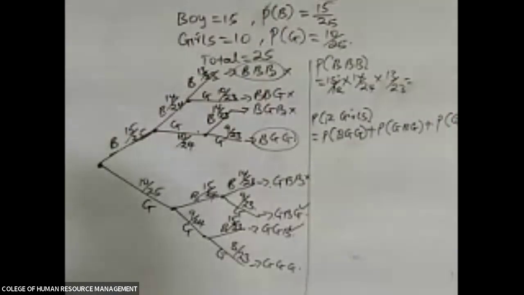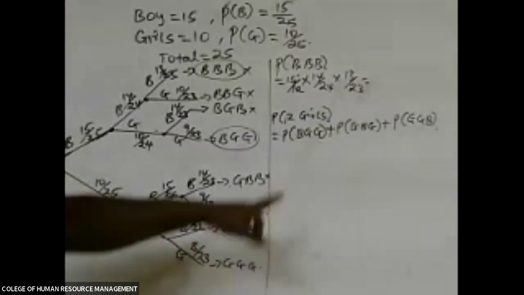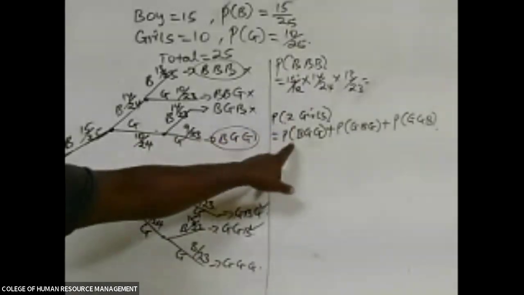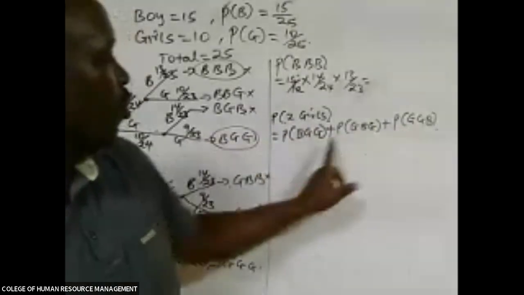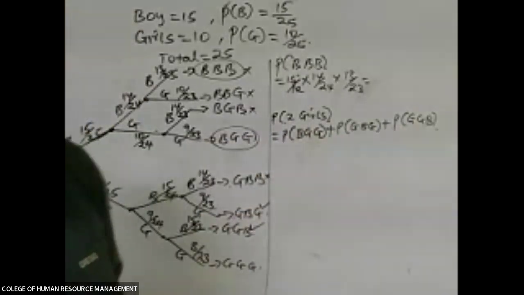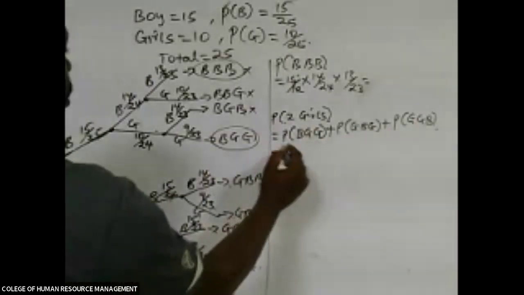You only go to the combination where you have got two G's, because we are talking probability of picking two girls. Either we pick this combination or this combination or this combination. As long as we have got two G's, you can work it out. So you simply go to that root.